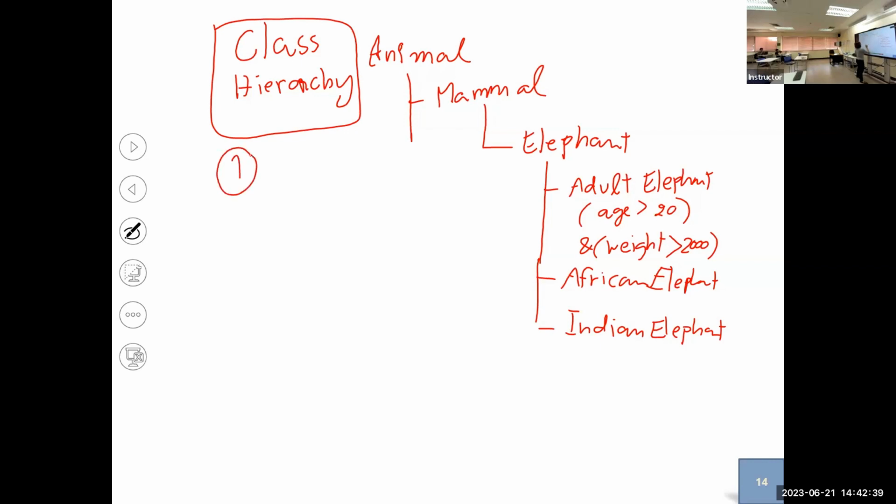But here, for number 3, you can see that for elephants, we want to define age and weight properties. But maybe not only for elephants, for any animal we may define the property from the superclass. Every animal has age and weight.